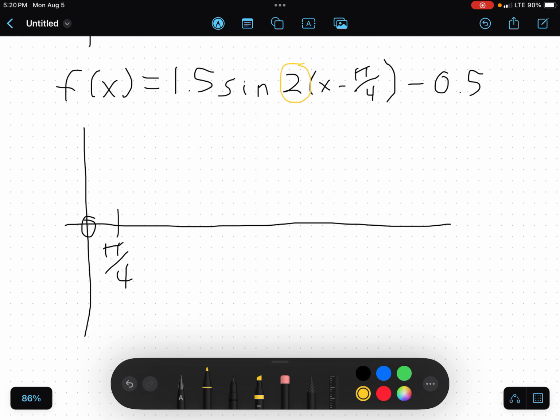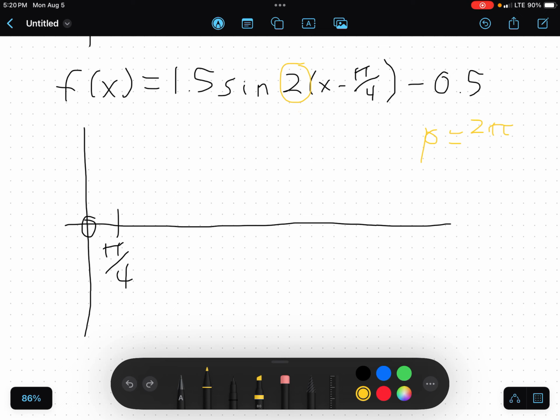Now I said I only want to draw 1, so the other thing we can think of is the period, and the period formula is P is equal to 2 pi divided by B, and this number that stands in front of the x but outside parentheses, that is your B term, and it's 2.